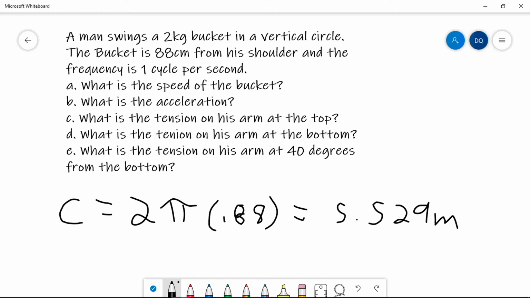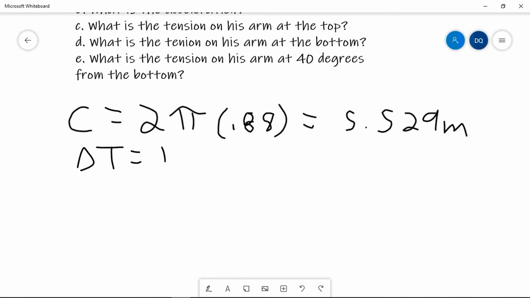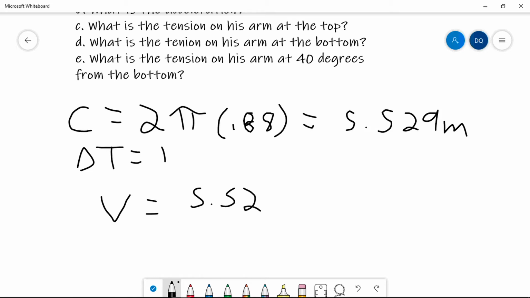And if it's going at 1 cycle per second, that means that the time it takes to go all the way around is 1 second. So that's going to make our speed equal to 5.529 divided by 1, which of course is simply 5.529 meters per second.